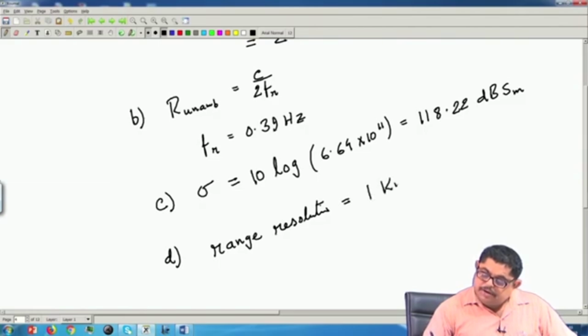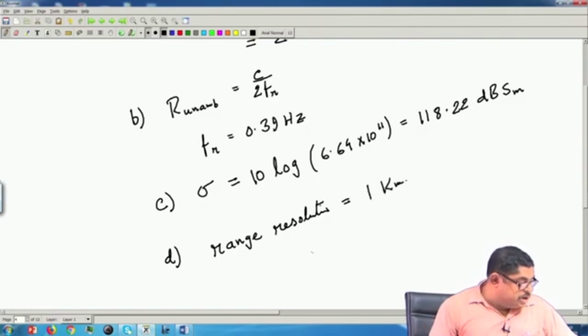Range resolution 1 kilometer. Now, what is the relation of that with the pulse width? I think we have seen that it means the minimum travel time.